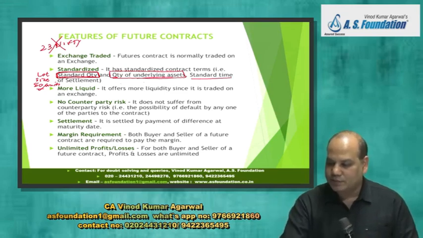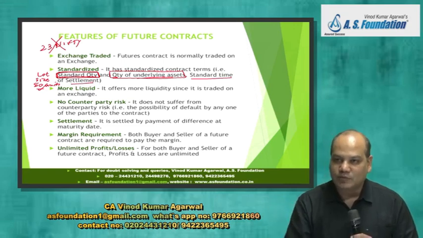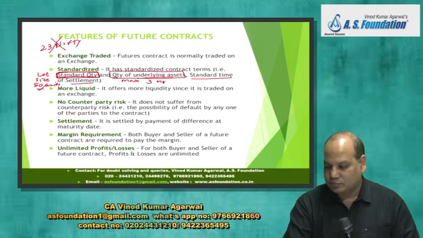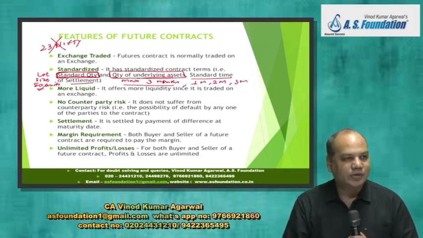The timing of settlement is also specified. Like in India, maximum maturity is 3 months. At a time you can enter into a future contract which will expire after 1 month or 2 months or 3 months.